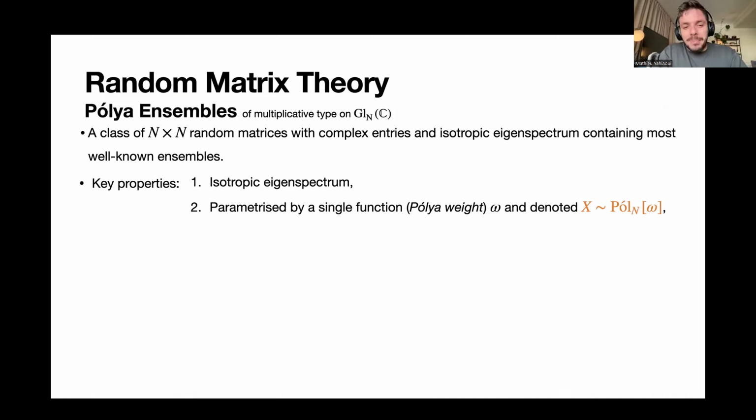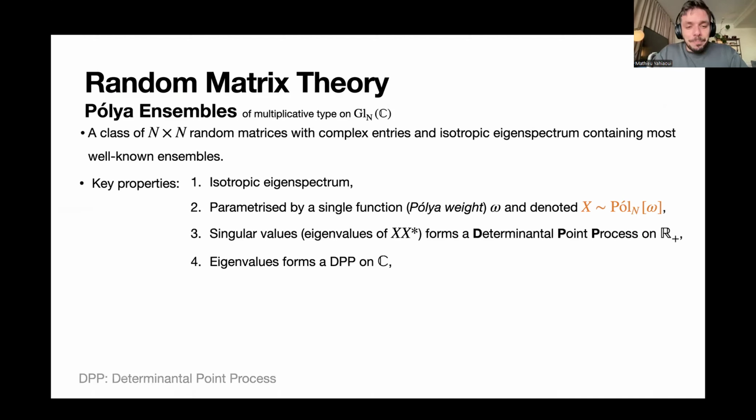These random matrices are parameterized by a single function, which is called a Polya weight, right? And what's more, we require that both the collection of singular values and eigenvalues form determinantal point processes, which, as some of you might know, is a structure that also holds a lot of integrability and opens the gates for a lot of exact computation, right? So we want the collection of eigenvalues and singular values, which are the eigenvalues of the hermitization of the matrix, to form determinantal point processes.